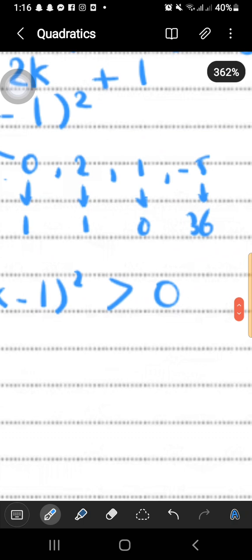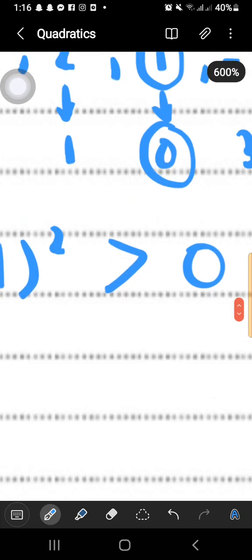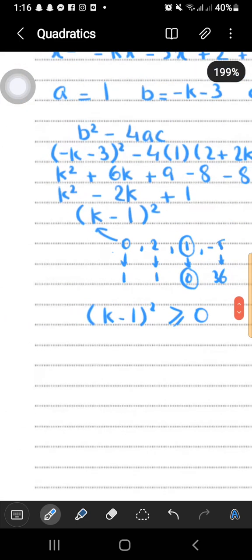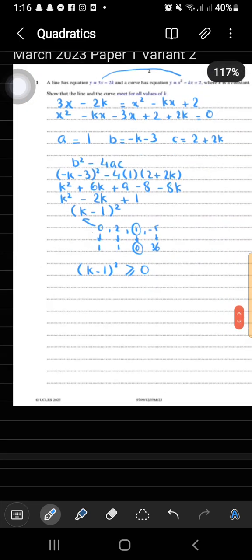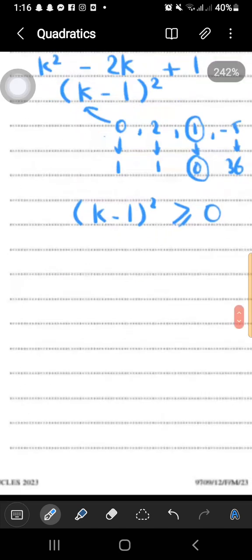So we can see that when we insert 1 we get 0, so it can be equal to 0. We can't ignore 0. And if we go through the notes on the discriminant, we can see that when the word meet is written, it will always be greater than or equal to 0. So we will write the final statement.